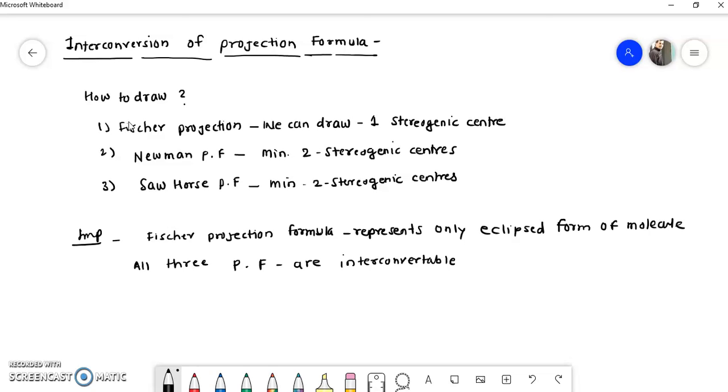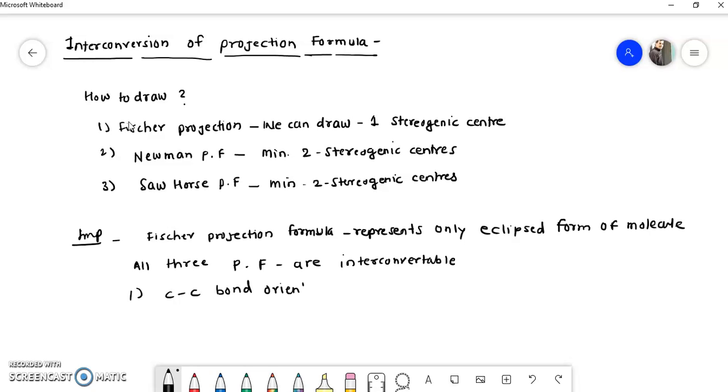During this interconversion we have to visualize the three-dimensional aspect of the molecule. Then and only then can we understand how to interconvert one projection formula into another. The points to keep in mind while interconverting are: first, how the central carbon-carbon bond is oriented, the C-C bond orientation.